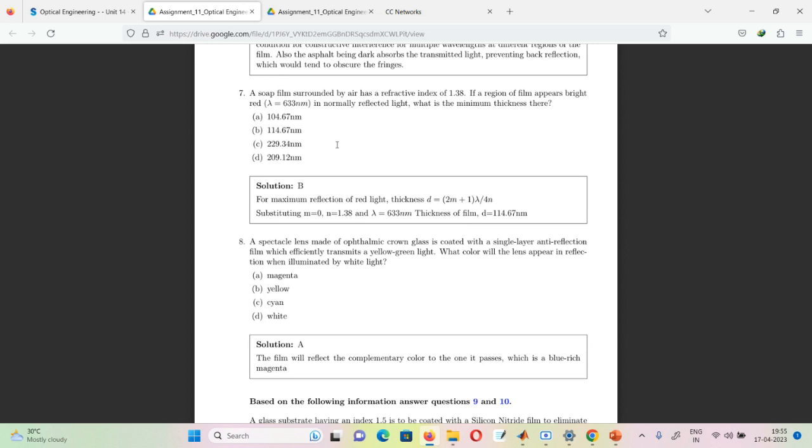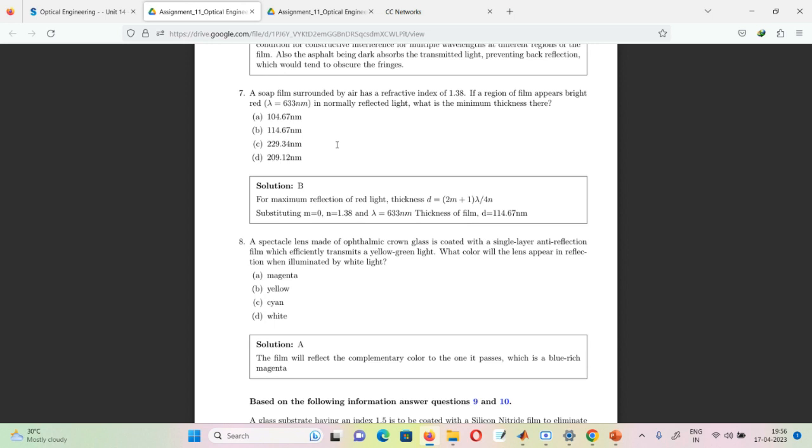So what will be the next thickness where we will have constructive interference? That's the logic. You will get 114.67 nanometer as the proper answer, that you understand. But I am saying that is not possible, because the soap bubble cannot be formed less than 500 nanometer thickness.